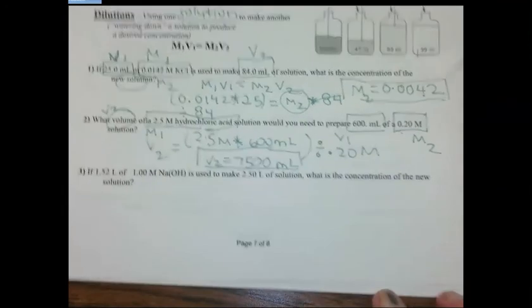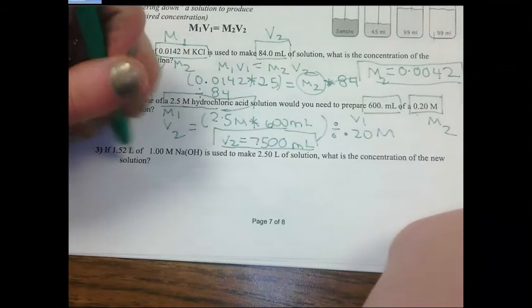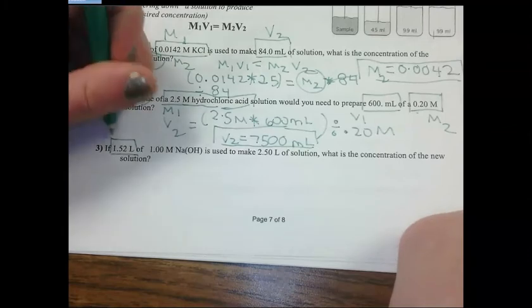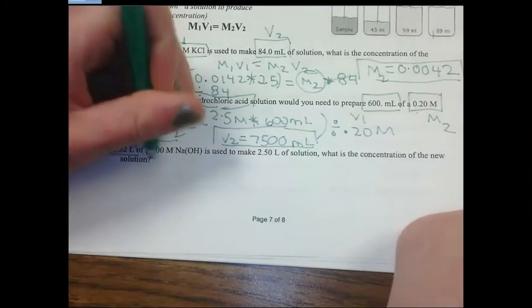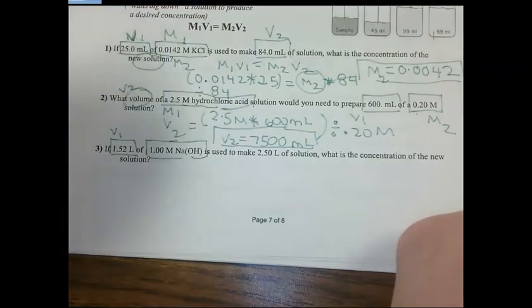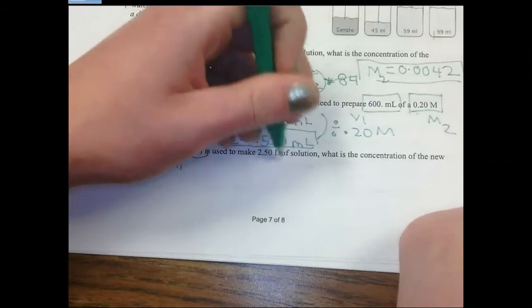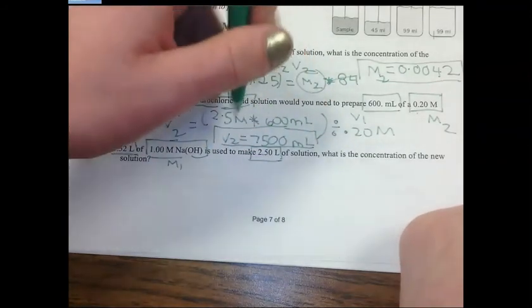All right, one more example. I have 1.52 liters, okay, this is liters, so this is my V1, of a 1 molar solution of sodium hydroxide. This is my M1. It is used to make 2.5 liters. So this is my V2. What concentration?